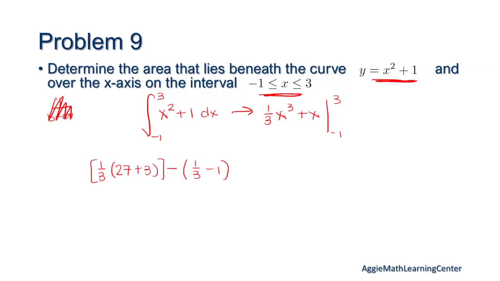So we'll do this part first. 27 plus 3 is 30, so this is going to be 10. And then minus, is that 1/3 supposed to be negative? Yes, it is.